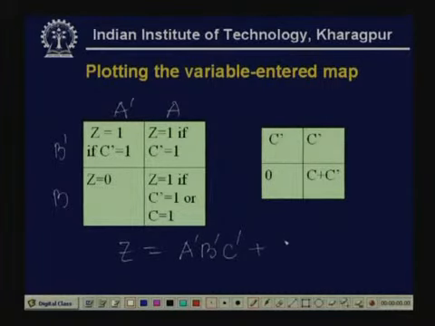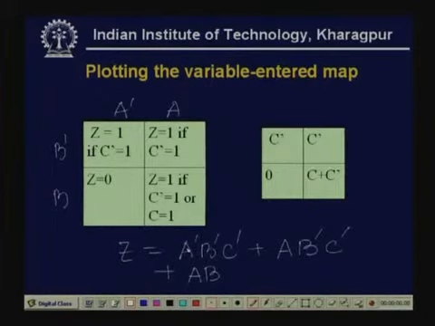Then for the second one, this is A B dash C dash, plus, see, for the third element it does not exist because the output will be 0, that means the min term does not exist. And then for the fourth one, actually the term from the K map is the AB term, and as both C dash and C exist, that means AB C dash plus ABC. So, this will be the thing.